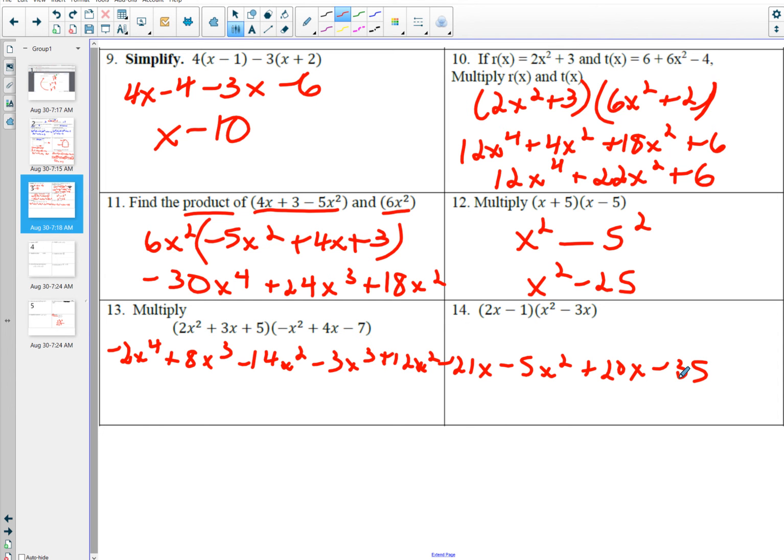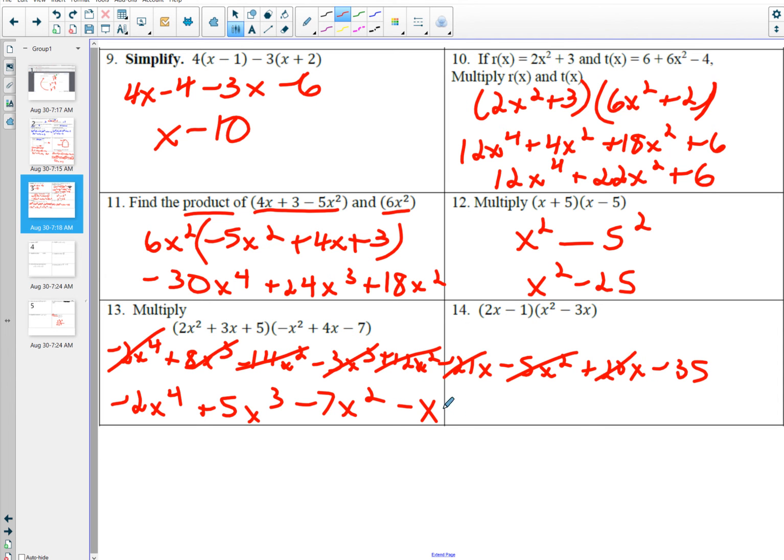Combine like terms. Negative 2x to the 4th just drops. The x to the 3rd, there's 2 of them, so it's positive 8 minus 3, which is plus 5x to the 3rd. The x squares, there's 3 of them. Negative 14 and 12 is negative 2, minus 5 is negative 7x squared. The x is negative 21 plus 20, which is negative 1x, which is negative x.